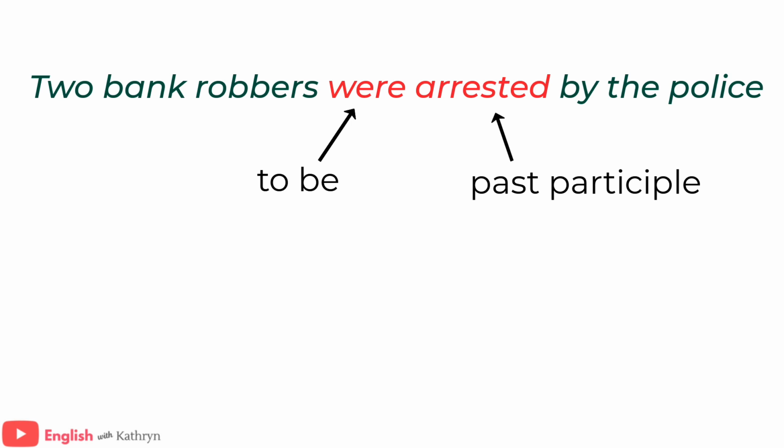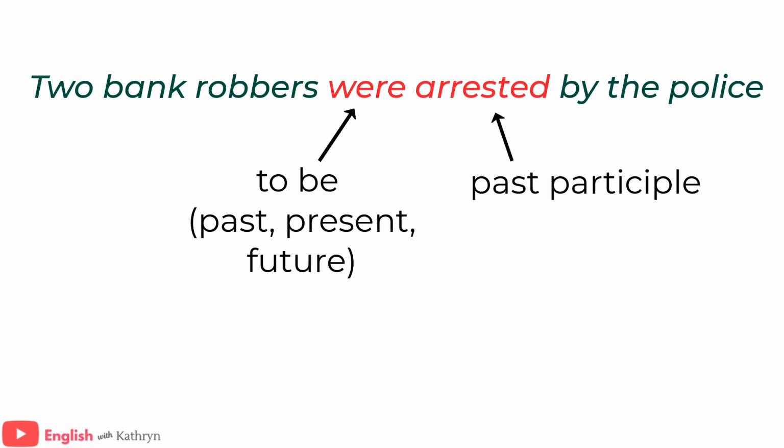So the passive voice is formed with the verb to be in either the past tense, the present tense, or the future tense, and the past participle. There's that pesky past participle again. It's everywhere. It's in the perfect tenses. It's in lots of other areas. So you really need to know the past participles.